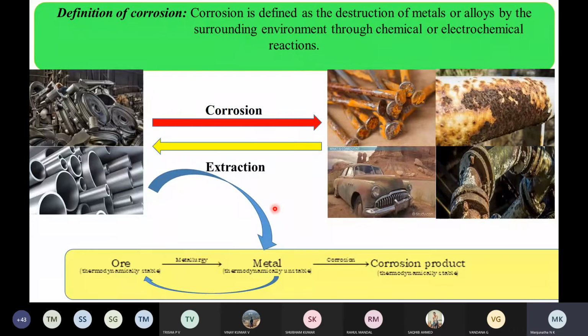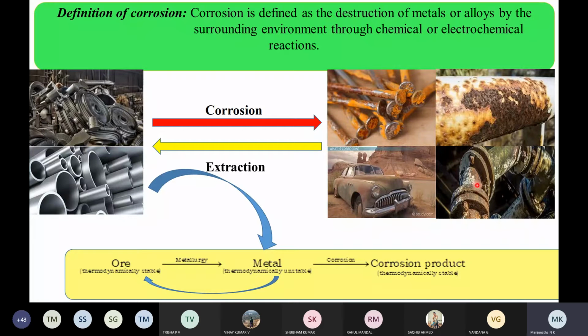Is it clear? See here, there are some metals, either iron or copper or silver or magnesium or zinc. Any metal or alloy you take, once it undergoes a chemical or electrochemical reaction with the surrounding environment, precipitates form.